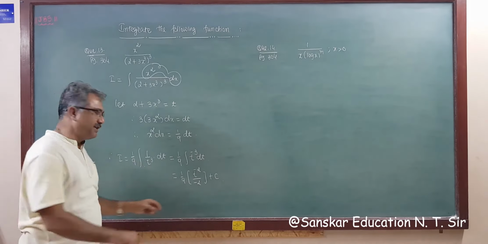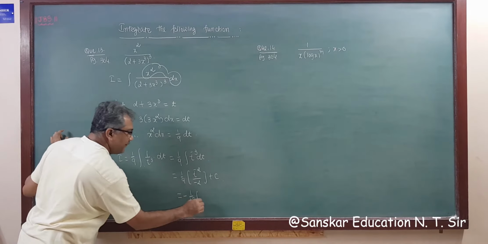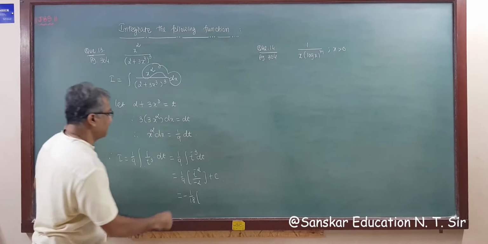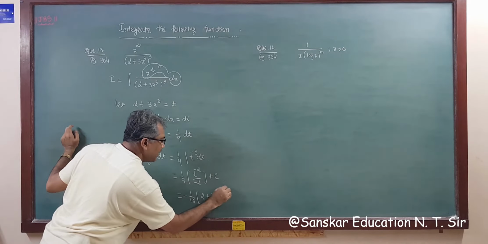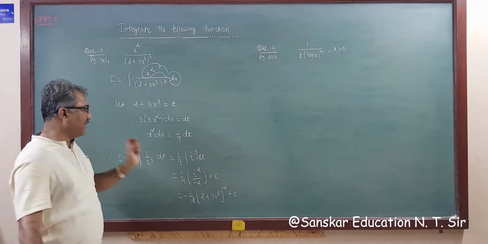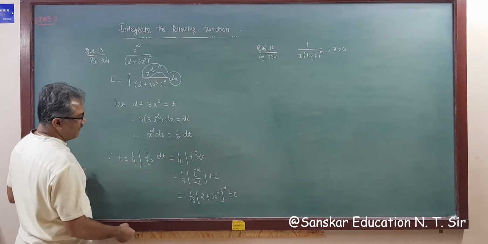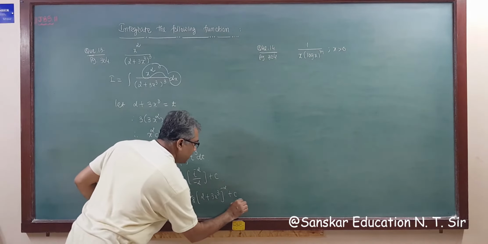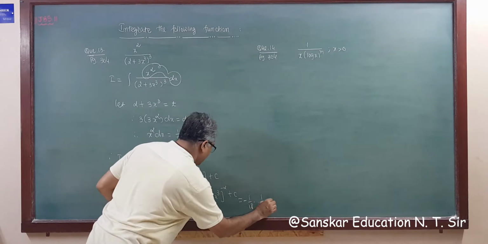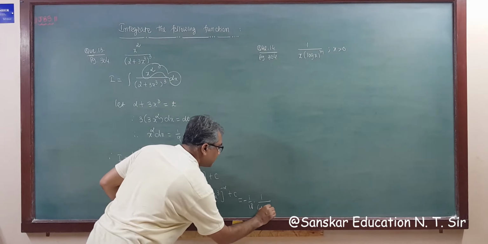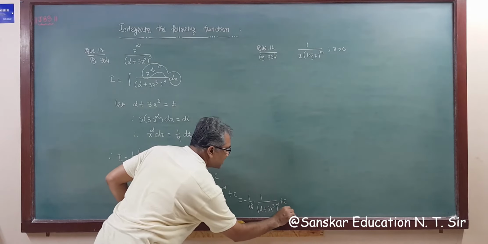So this will be minus 1 upon 18, and t is 2 plus 3x cube, so (2 plus 3x cube) raised to minus 2 plus c. If you want to write the minus 2 in the denominator, it becomes plus, so your final answer will be minus 1 upon 18 into 1 upon (2 plus 3x cube) whole raised to 2, plus c. So this is your final answer.